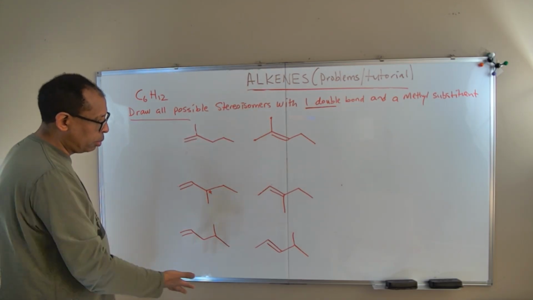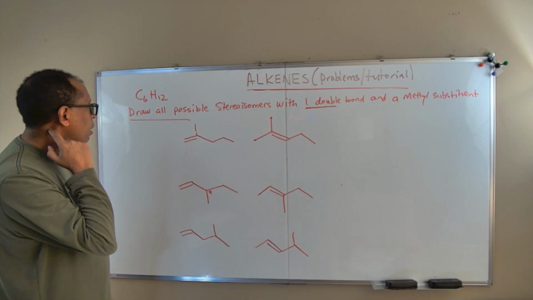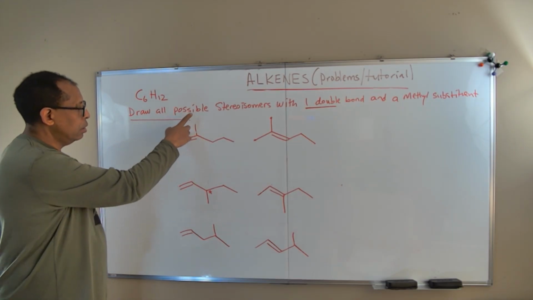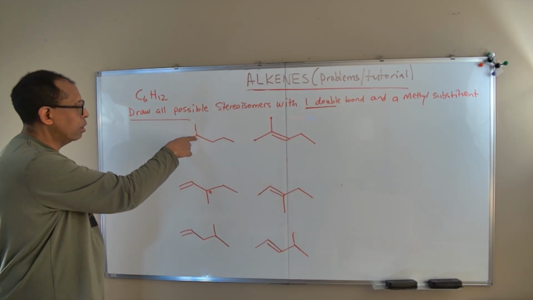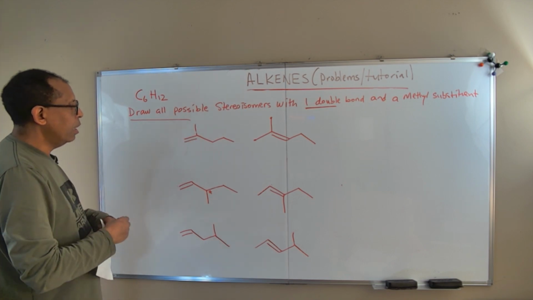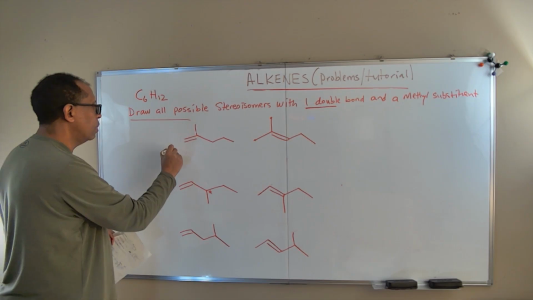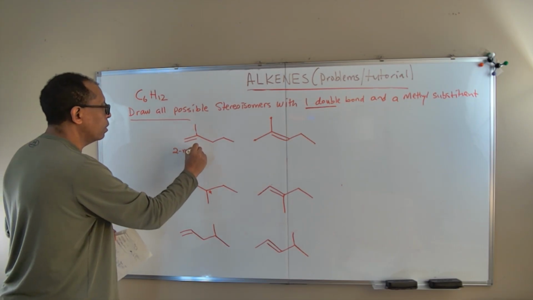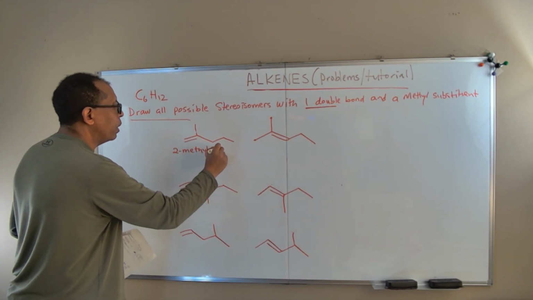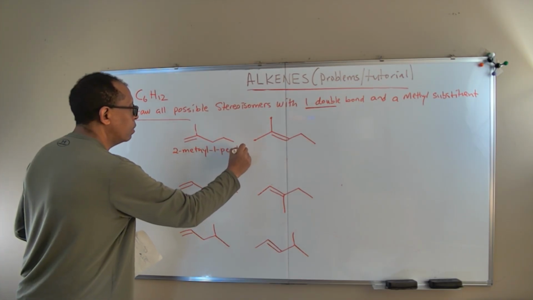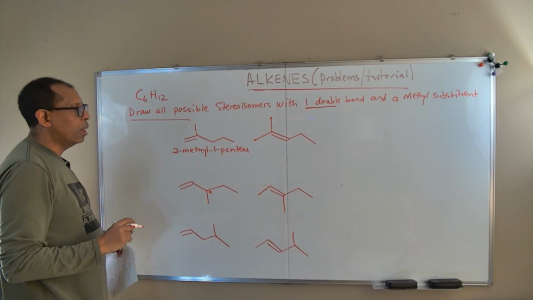So the possible ones are like this. So the first thing I did is methyl position 2 and the alkene at 1 position. So this is a 2 methyl 1 pentene compound.